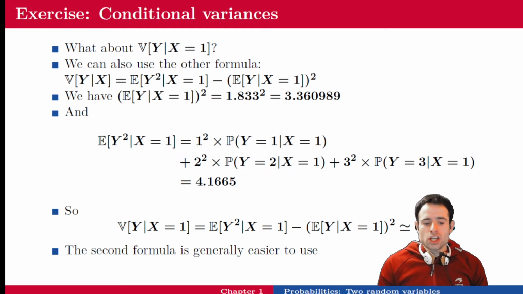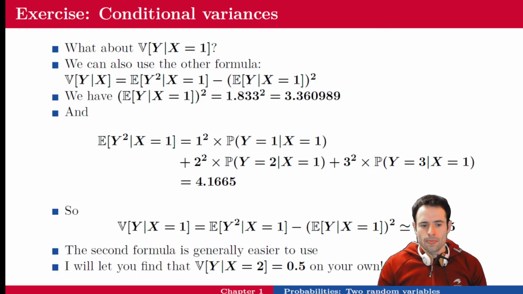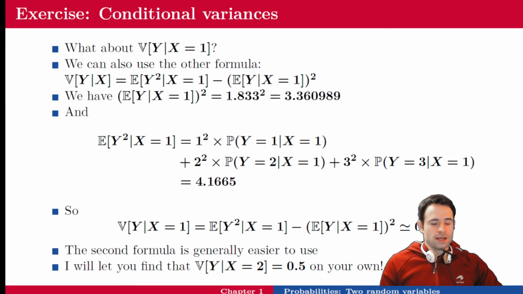I have to say that in general, the second formula is generally easier to use, and that's why I tend to use the second formula. The conditional variance when x is equal to 2 is equal to 0.5. And I will let you do it on your own.